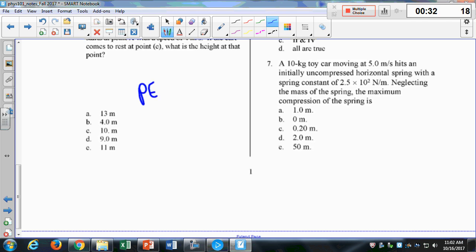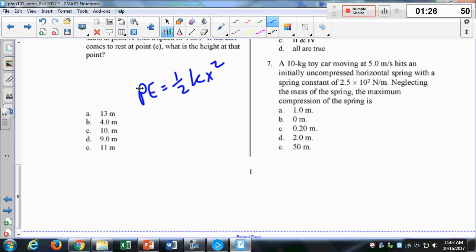I'll remind you that the potential energy of a spring is 1/2 kx squared. Alrighty.